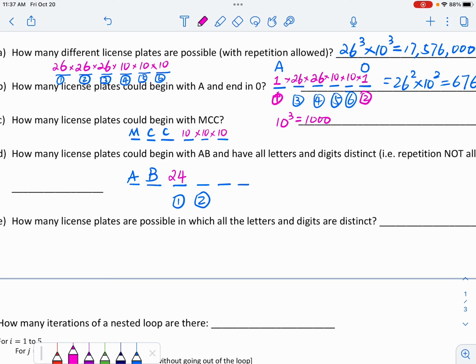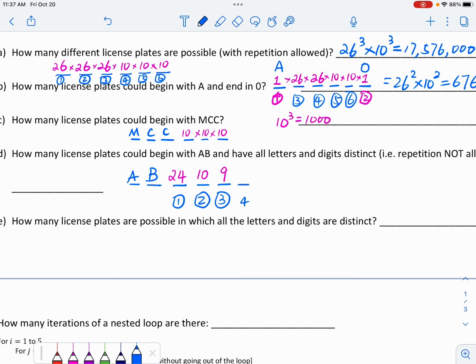There were 10 numbers available, so 10 ways to do that. And the next step, step 3, one number has been chosen here. It should not be used anymore. Once 1 is used, only 9 is left available for you to choose. So therefore, only 9 numbers available to fill in the next digit.